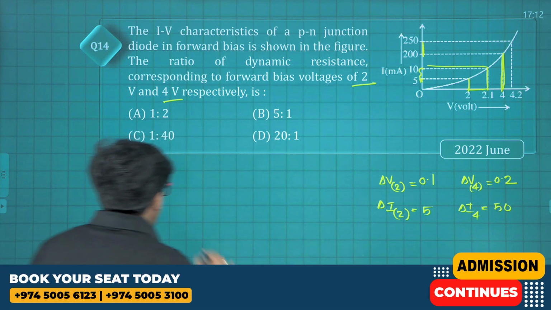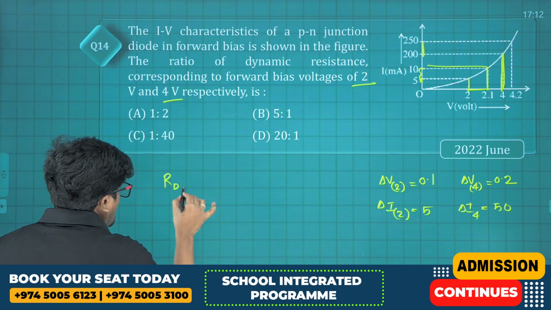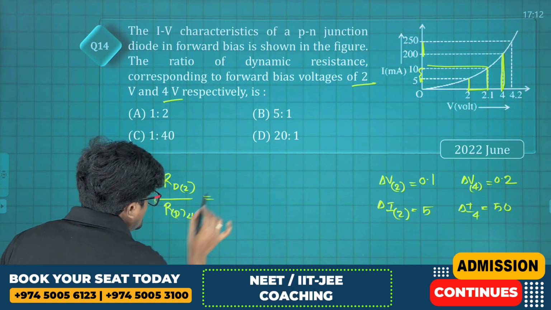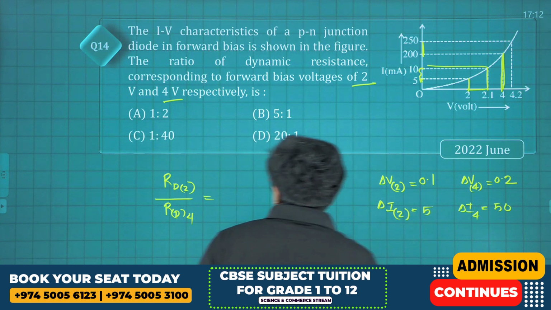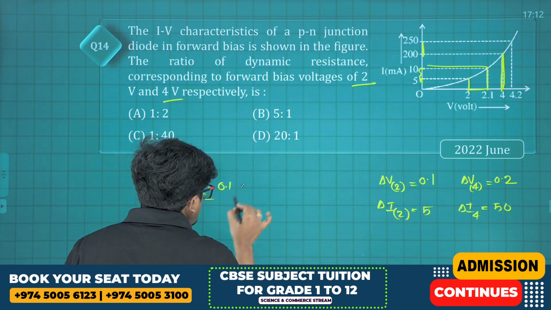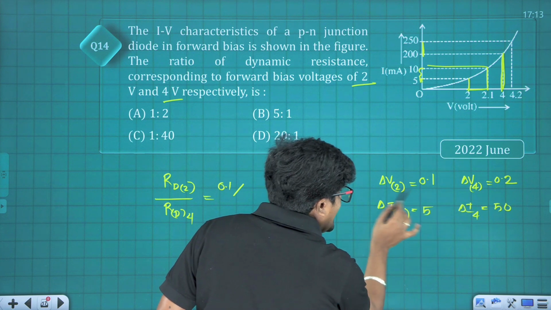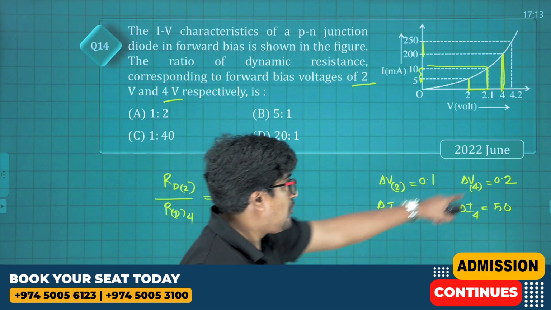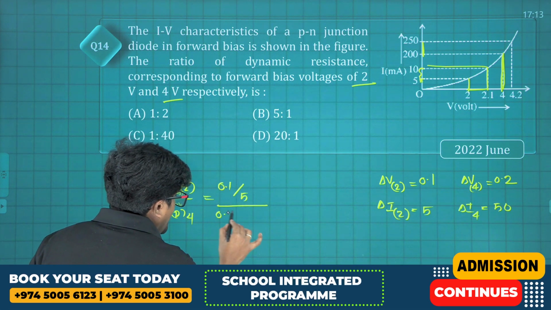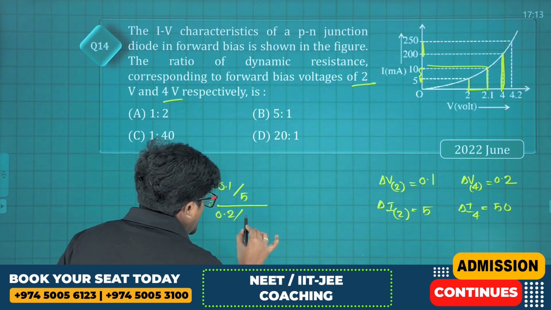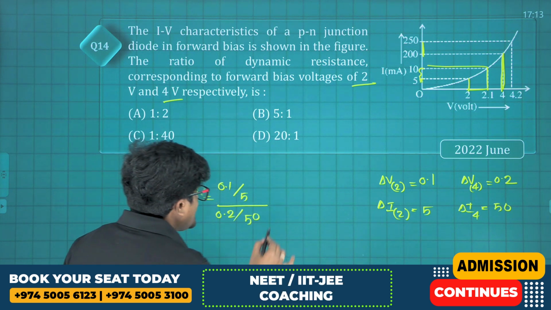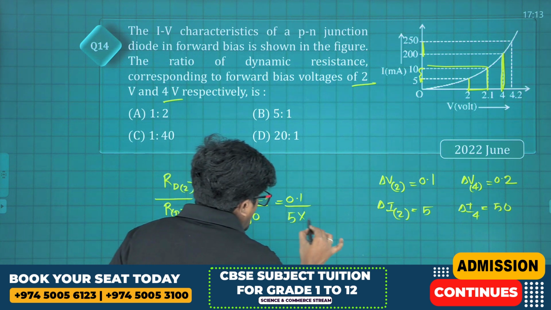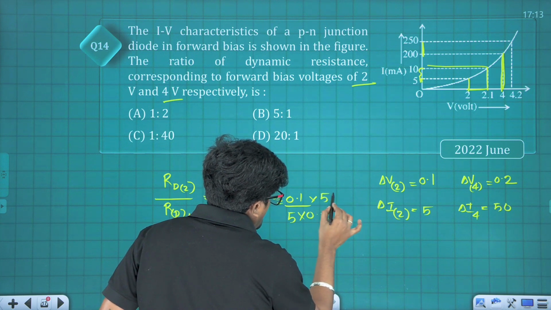Okay, so dynamic resistance at 2 upon dynamic resistance at 4, that is now going to be, R is V by I, delta V is 0.1 upon I was 5, all divided by 4 volt, delta V was 0.2 and current was how much? It was 50. So I am going to mark this as 0.1 upon 5 into 0.2 into 50.